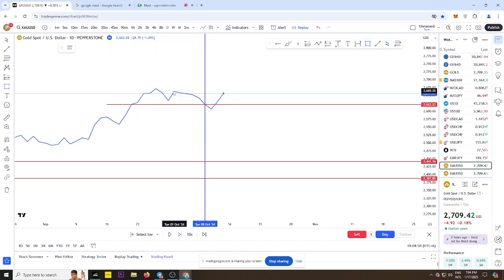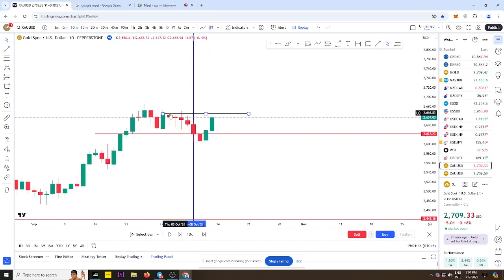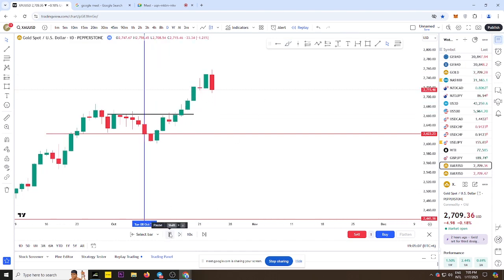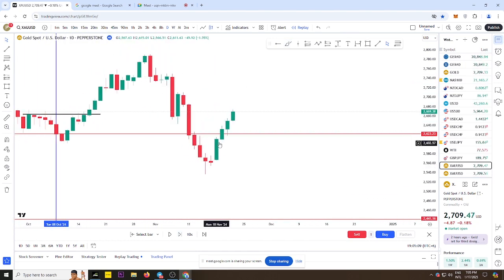So this is our recent A level. Once that A level got broken with the body, the weekly is still bullish. That's the confirmation that you start looking for buy.